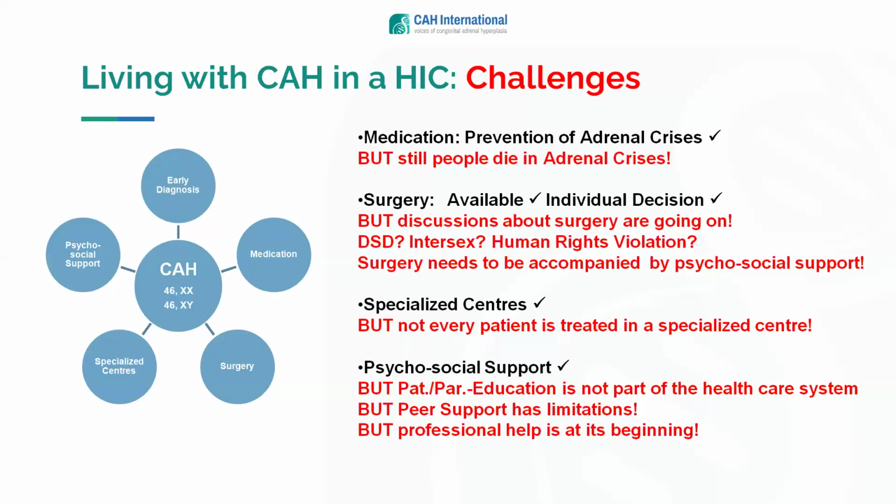Families and patients whose parents do not have enough education just don't turn up in our meetings. So peer support helps very much in growing up with CAH and living with CAH, but not everybody joins a peer support group or a CAH group as we have it. And the professional help is at its beginning.